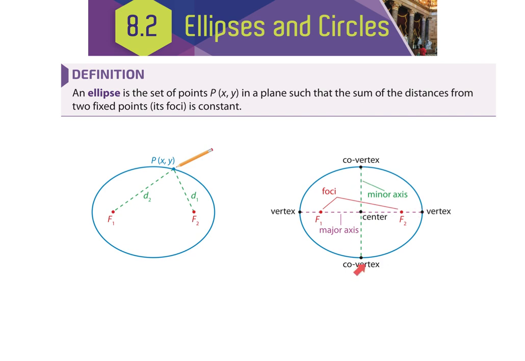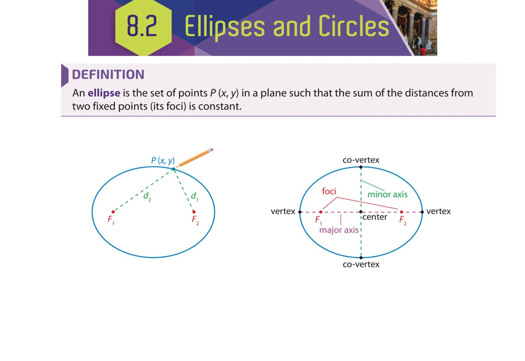You have a minor axis. You have the two foci, right? The focal points, because those are the two that are creating it. You have 4 vertices. So you have 2 regular vertices, like vertex 1, vertex 2, and then you have what are called co-vertices. Okay, those are what lie on that minor axis.